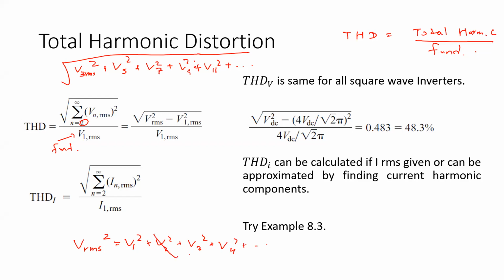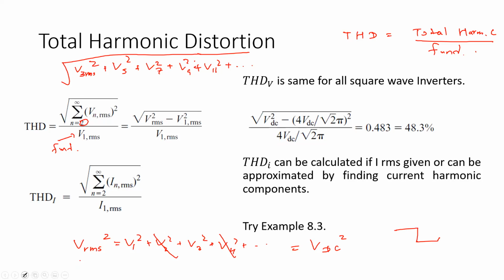In here we don't have the even ones, and only odd harmonics will be there. This will add up to VDC square. This is a normal thing when it comes to RMS, considering all the components. So in this case, since this is a square wave, this will be equal to VDC.